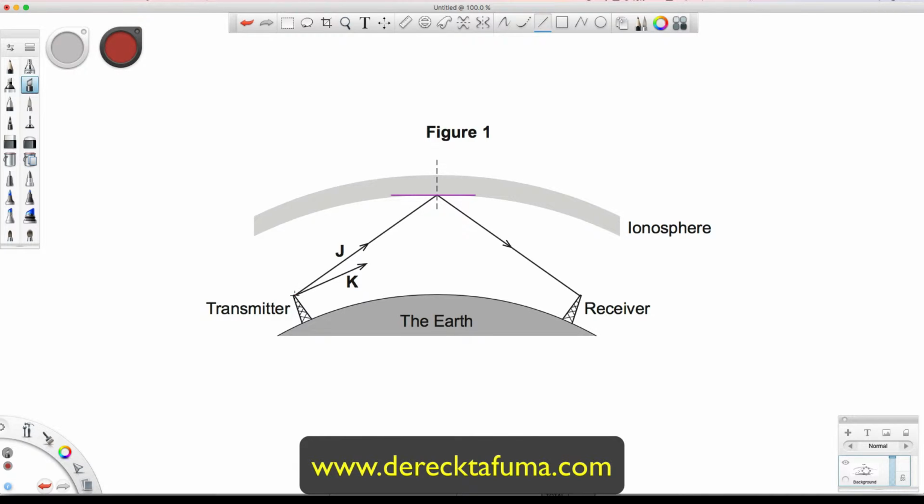I want to extrapolate K to see how far it would have gone. So it would have gone this way, straight. Since it's a wave, it would have gone straight all the way up to the ionosphere. So I would stop it there.